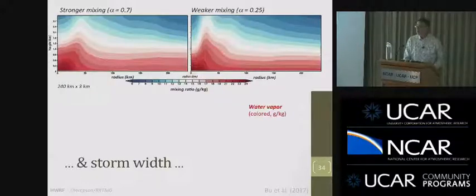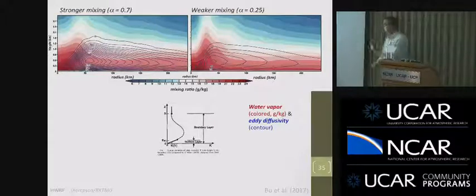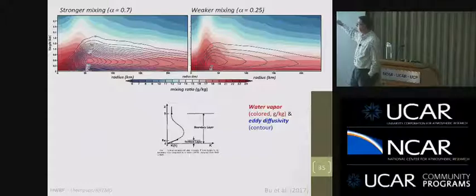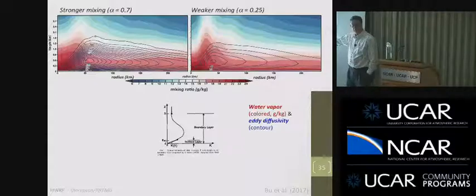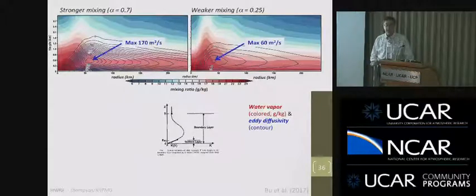And I'll subtract the two in a second after I show you what the mixing fields look like. So the mixing fields look like this. The maximum mixing is at about 500 or 600 meters above the sea surface. It decreases downward and upwards because of this structure. It decreases radially inward and it decreases radially outward, but the big difference between these two is the weaker mixing produces about 1/3 of the eddy mixing that the stronger mixing does.